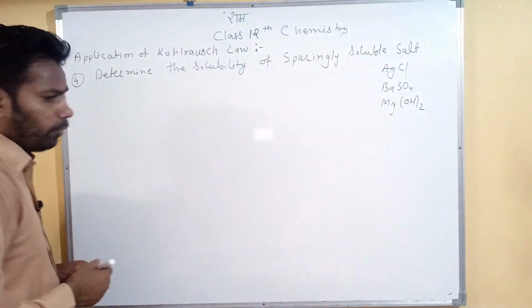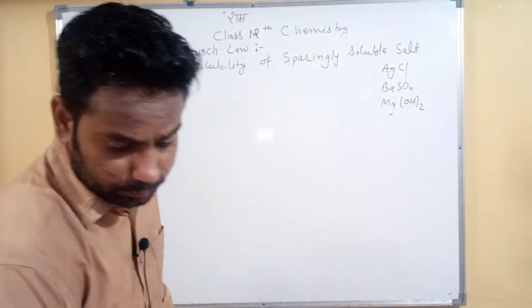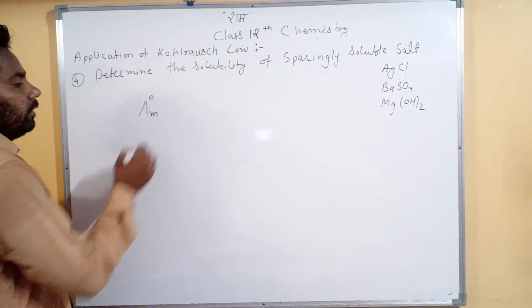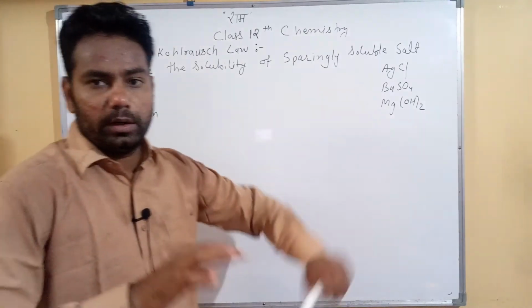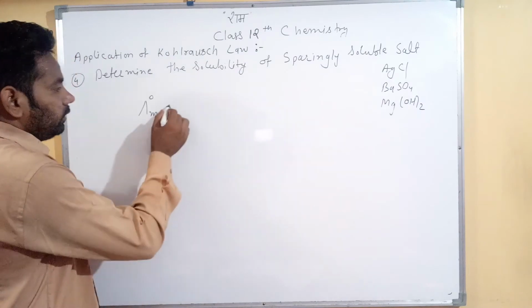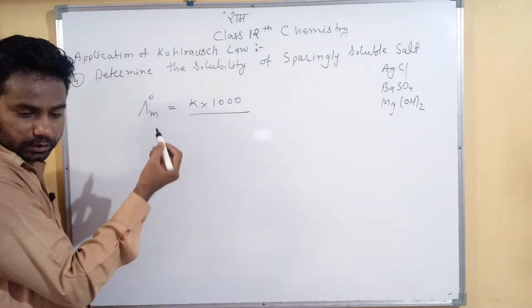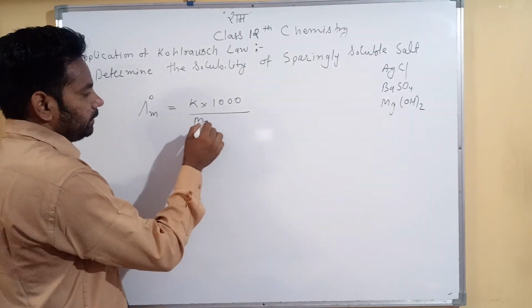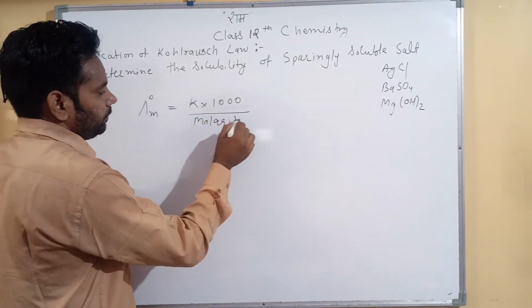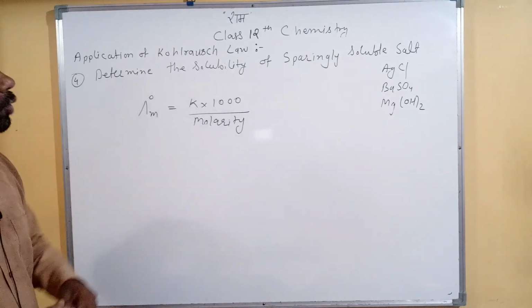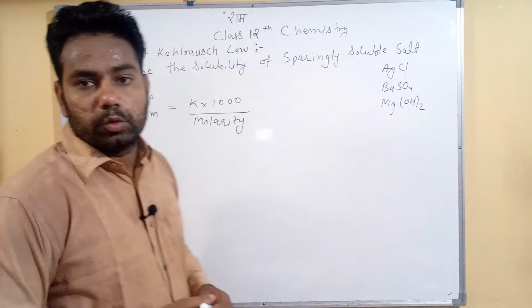Then we have one formula for the calculation for sparingly soluble salts. The molar conductivity of a sparingly soluble salt is equal to kappa, the specific conductivity, into 1000 upon molarity. It is the formula for determining the solubility of a sparingly soluble salt.